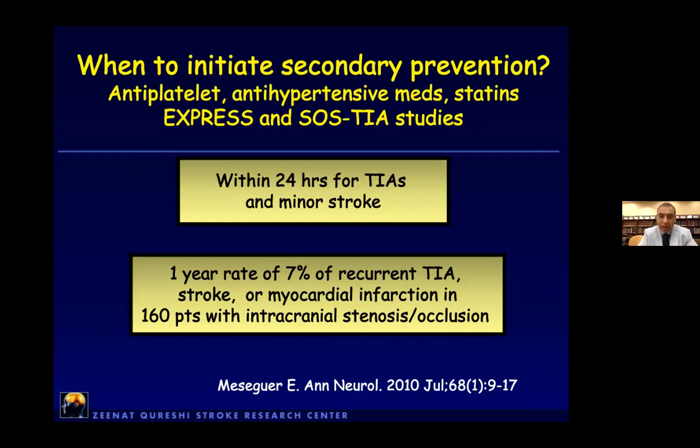If you look at the 1-year rate of recurrent transient ischemic attack and ischemic stroke or myocardial infarction, it was only 7% in the 160 patients that had intracranial stenosis or occlusion. So yes, early treatment does help, and early treatment is effective in preventing a second ischemic event.